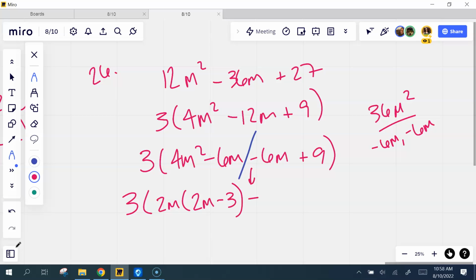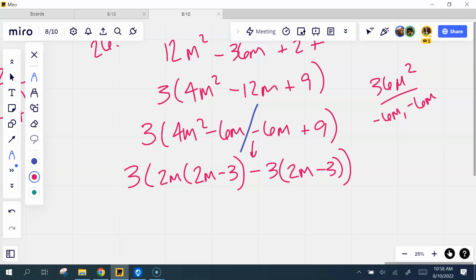The middle sign stays. That's exactly. Watch. 2m minus 3. When I take that out.